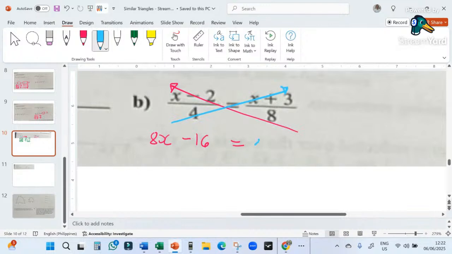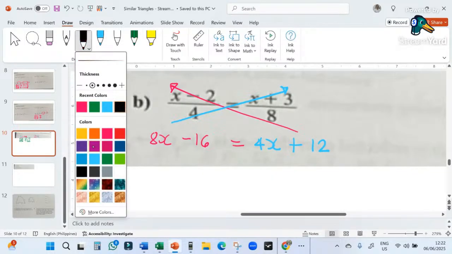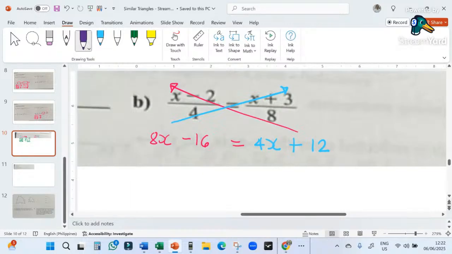4 times x is 4x plus 4 times 3 is 12. That's it. And then you combine all x's together and numbers together. I will move the 4x here because 8x is greater. It's easier to do a simplification.